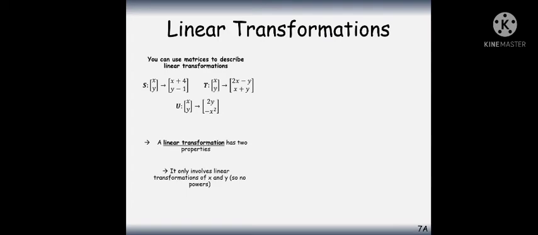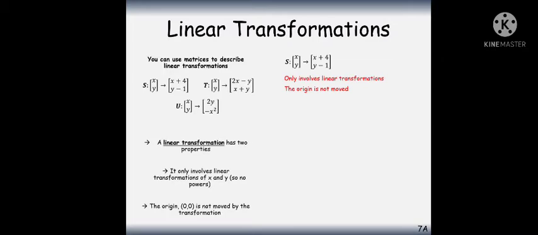So a linear transformation has 2 properties. It only involves linear transformations of x and y, so no powers involved. The origin, 0, 0, is not moved by the transformation, i.e. this one with S only involves linear transformations, so the origin is not moved. For the second one, this only involves linear transformations and the origin is not moved.